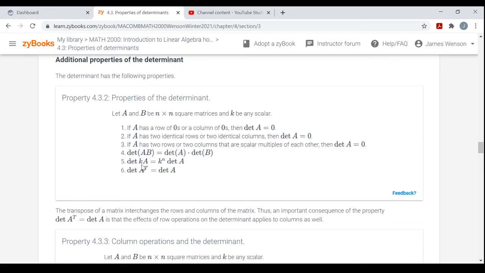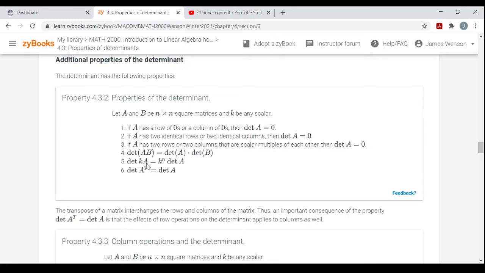The determinant of a scalar times A is that scalar to the nth power, since this is an n row, n column matrix, times the determinant of A. This again comes from our row operations. Remember, if you multiply a matrix by a scalar, you're multiplying every single entry by that scalar.